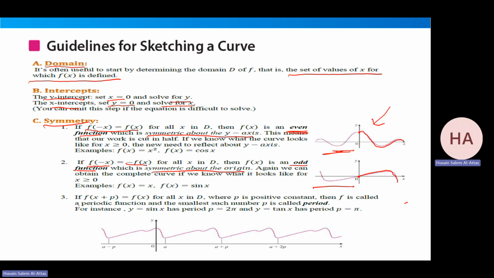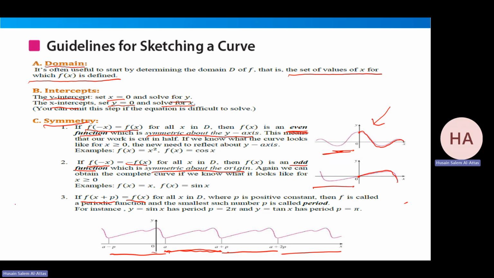Now we'll go to the periodic functions. What do you mean by periodic function? If the function is repeating itself, if you look at this function from here to here, this is what I need. The other is just a copy. This side also is just a copy. So they call it a periodic function.